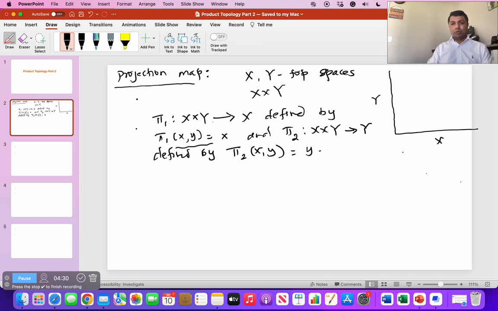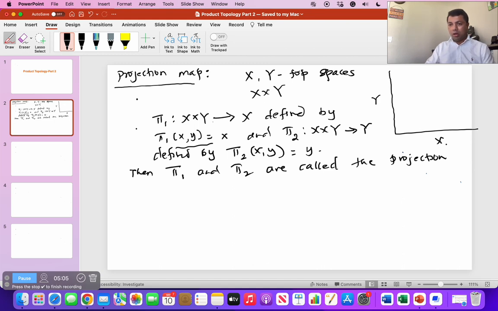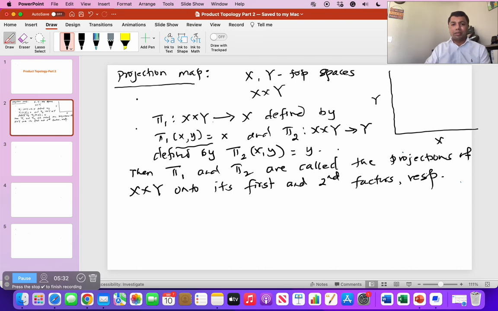These two maps are called the projections of the Cartesian product of X and Y onto the first set X and onto the second set Y. These two maps, pi 1 and pi 2, are called the projections of X cross Y onto its first component or first factor and second component or second factor, respectively.